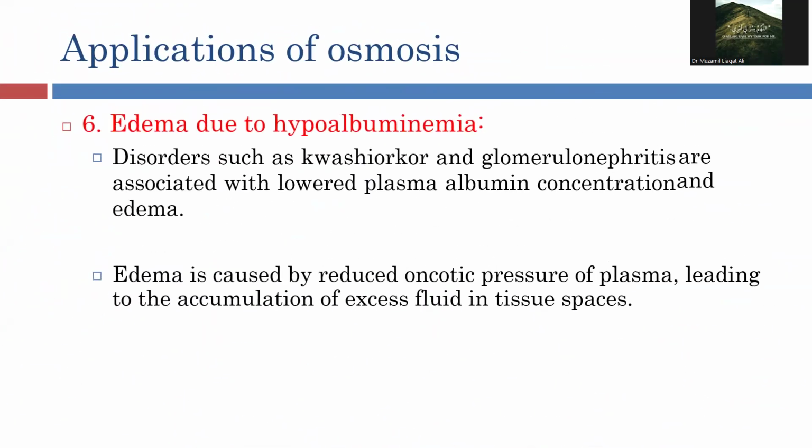Edema due to hypoalbuminemia. This is one of the most clinically relevant slides, right? Causes of hypoalbuminemia include kwashiorkor, that is protein malnutrition, where low dietary protein intake leads to low albumin levels, generalized edema, fatty liver, and skin lesions, right? The other conditions that cause hypoalbuminemia are nephrotic syndrome, cirrhosis, and glomerulonephritis. And what about the mechanism behind it? Low plasma oncotic pressure.